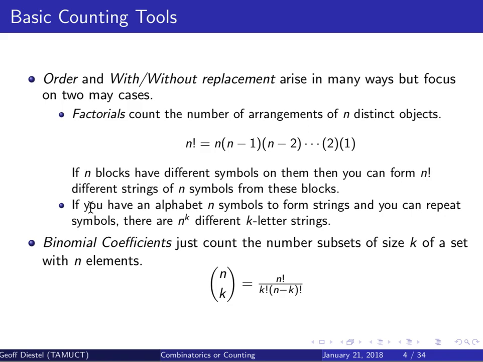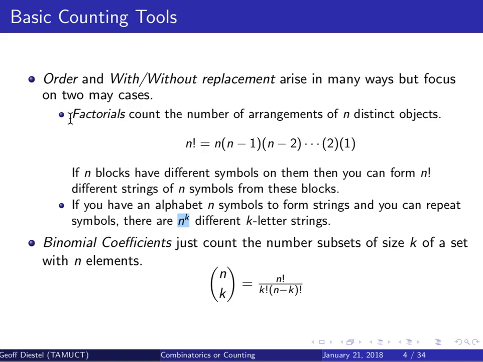However, if you're making strings of letters from an alphabet, you can repeat letters all you want. So when we construct a string of, say, k letters out of an alphabet consisting of n symbols or n letters, then the number of those different words or strings is just n to the k, because you have n choices for the first letter, and then you're allowed to repeat for the second, and you're allowed to repeat for the third if necessary.